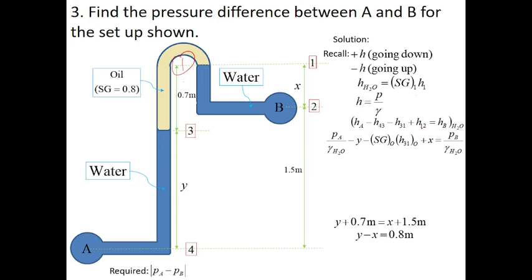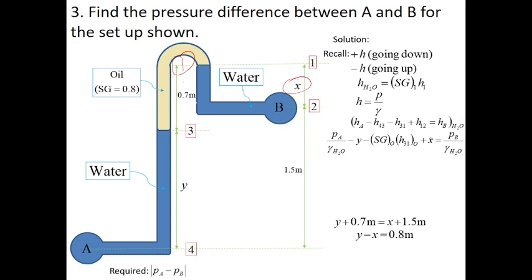And then H12, from 1 to 2, is water again. So just write X. Water again, so X. No need to write the specific gravity since it is 1. So our H1 here is X, from 1 to 2.